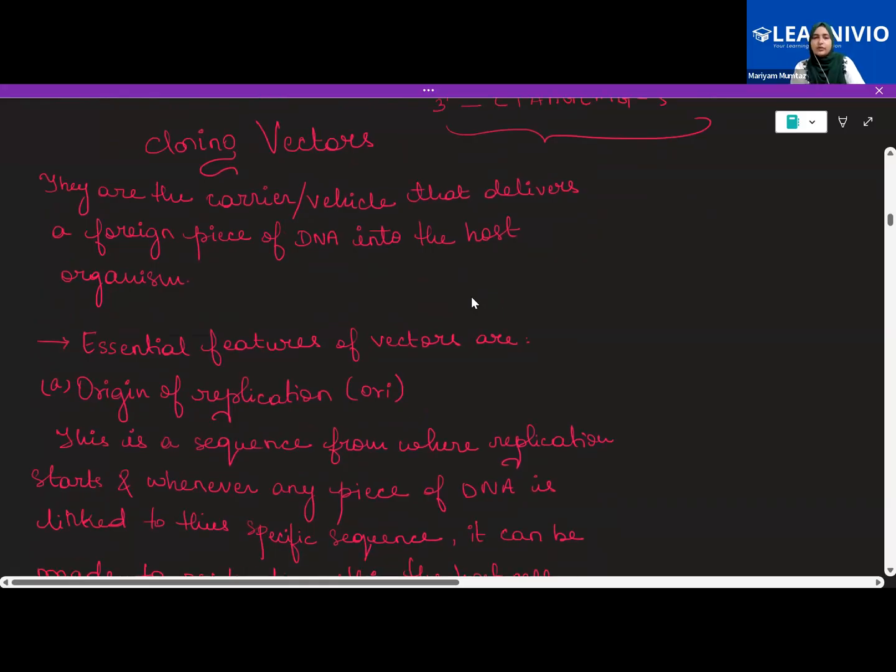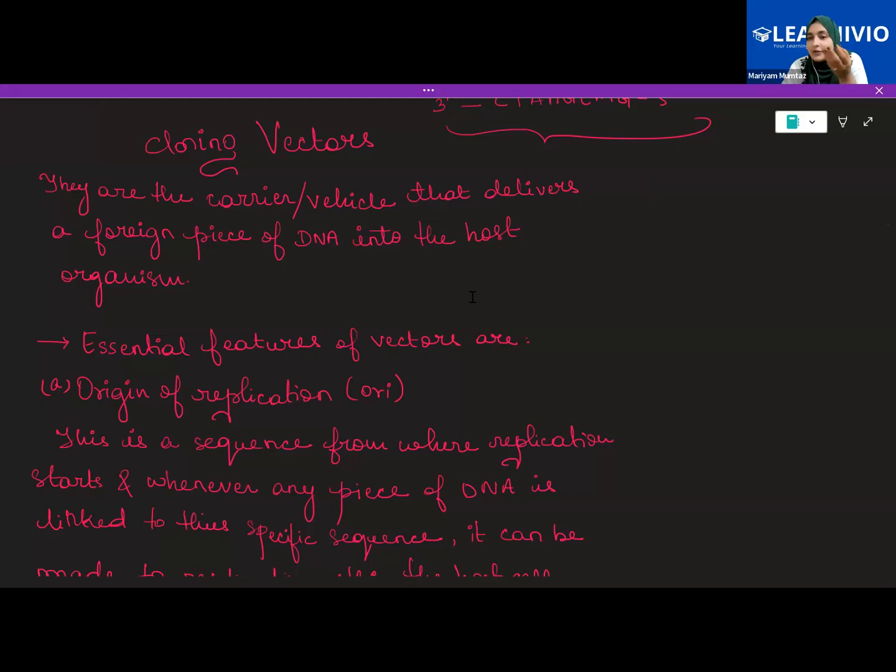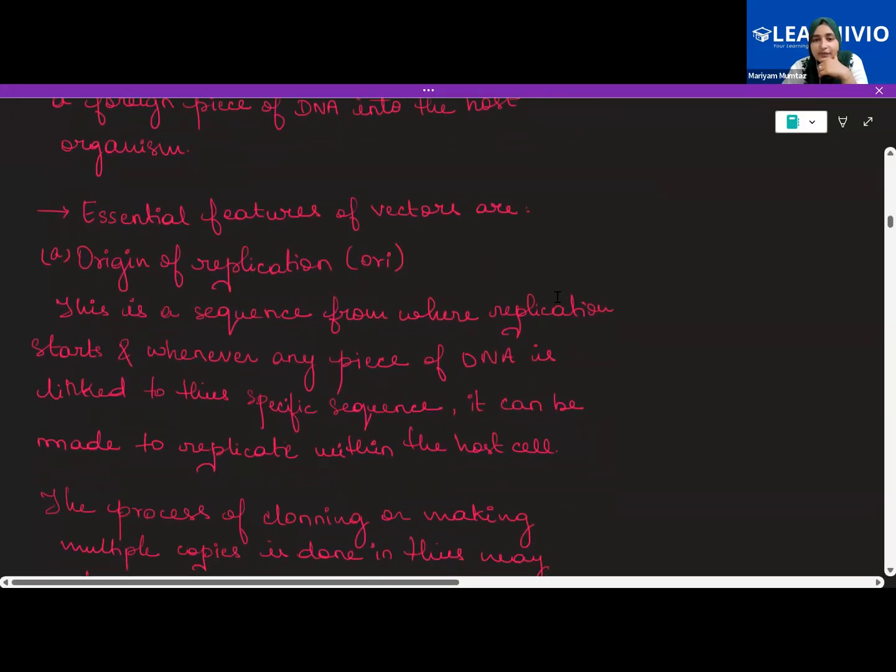And the features of cloning vector. So when we talk about the features of the cloning vector, the most important thing that a cloning vector must have is the origin of replication. This is a basic necessity, a basic requirement. This is a sequence from where replication would begin, right? In any organism, the ORI is the sequence from where the replication begins.